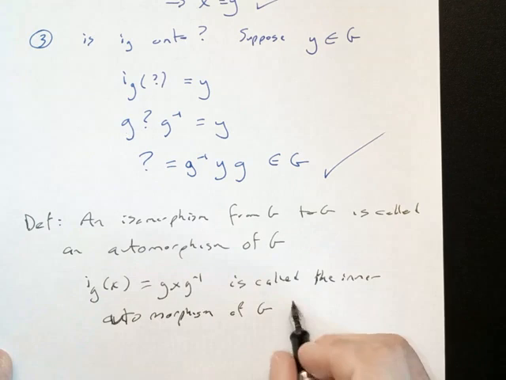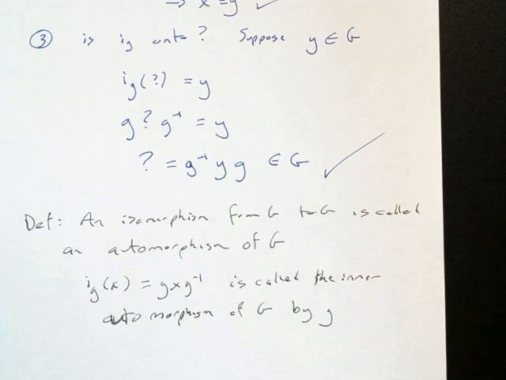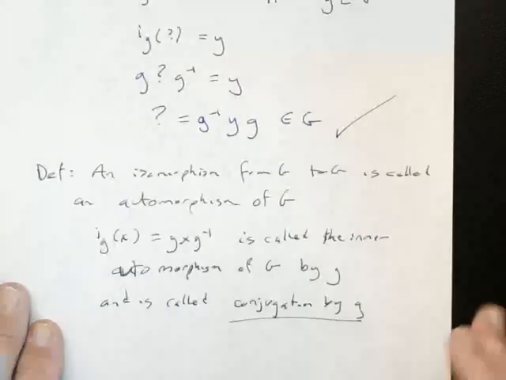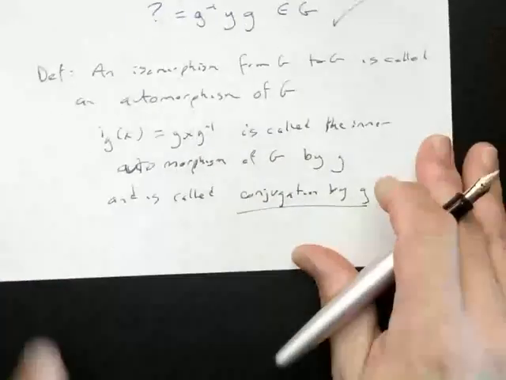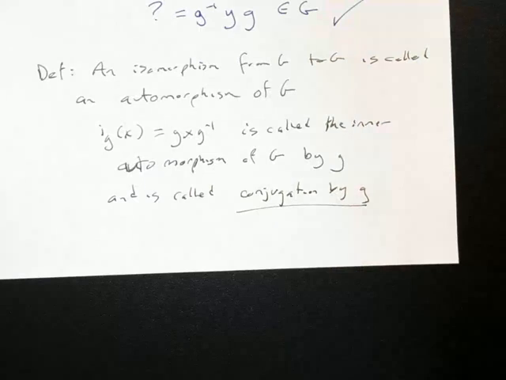Of G by little g. And it's usually called conjugation by G. So this particular automorphism conjugates a group. Hey, wait a minute.